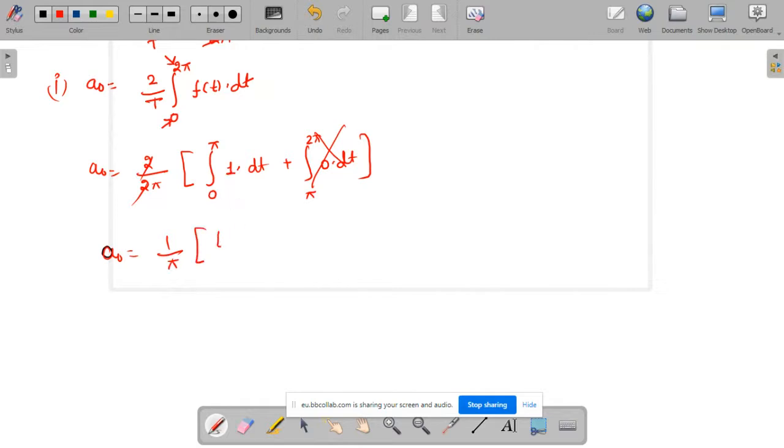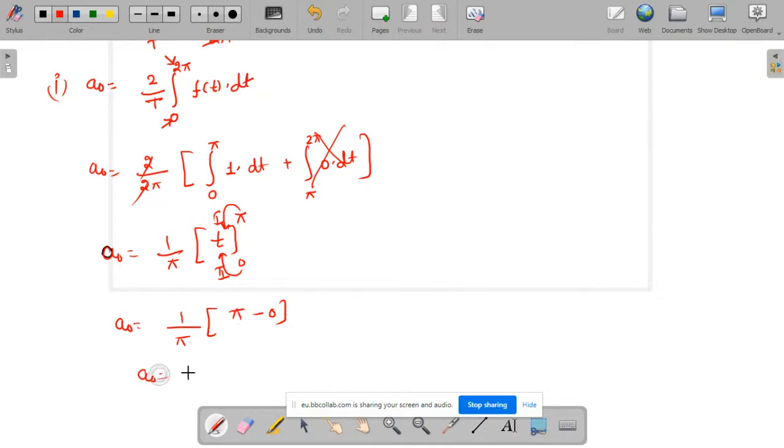From chapter number 1, the first formula of integration: integration of 1 with respect to t is t, from 0 to pi. So put the value of pi in place of t first, and 0 in place of t in the second step. So 1 divided by pi, then pi minus 0, and pi minus 0 is pi.